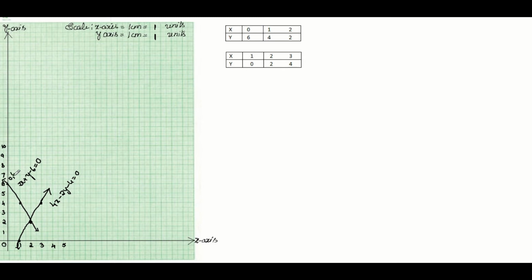This is (0, 6), this is (1, 4), and this is (2, 2), the intersecting point, and this is (1, 0), (2, 2) and (3, 4). And this is the intersecting point. (2, 2) is the intersecting point, and we need to write that these lines are intersecting.